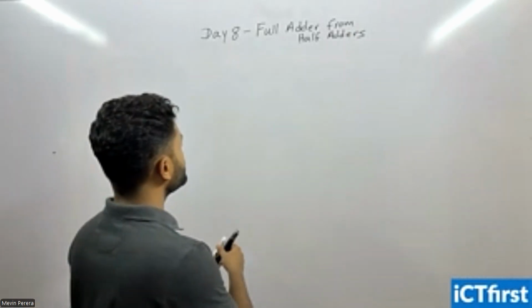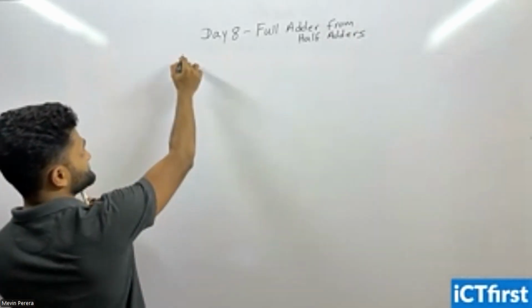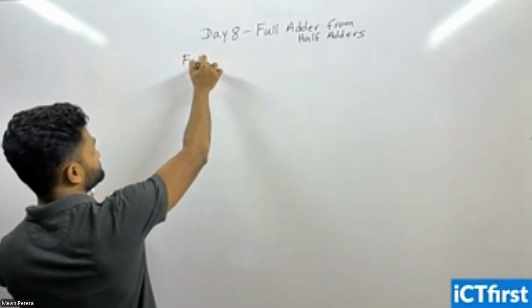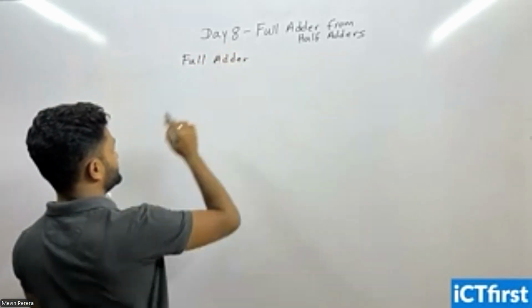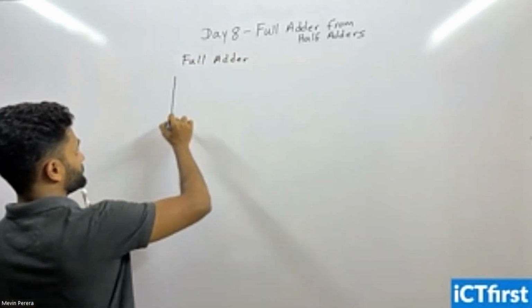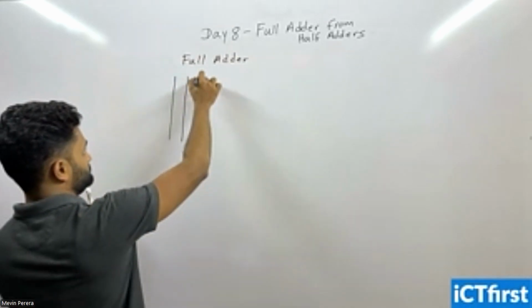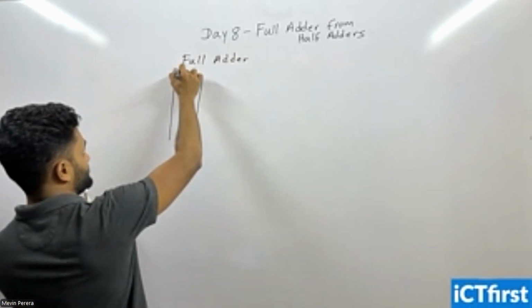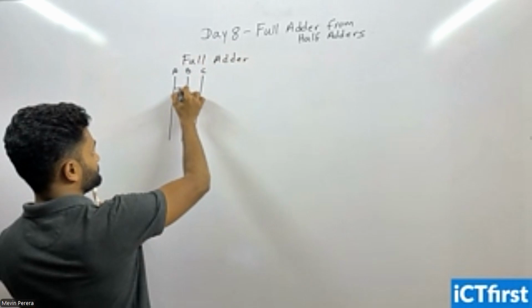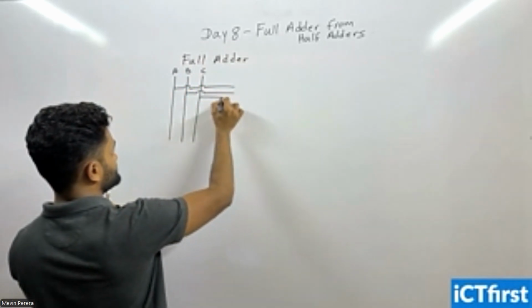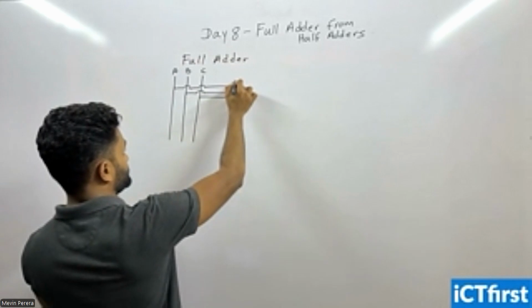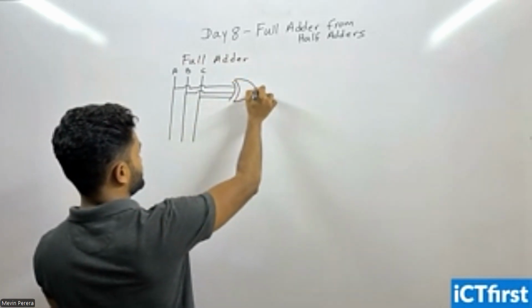So what I'm going to do is, first of all, I'll just sketch down the full adder and the half adder. So yeah, I'll draw the full adder. A, B, C. I'm not going to explain the full adder in this particular session. If you want, you can watch the previous session.